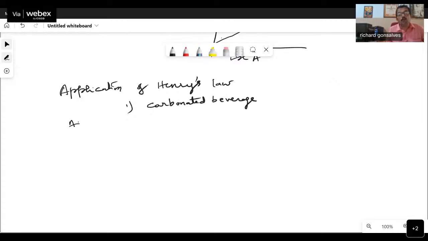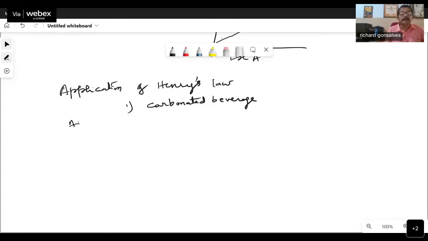As you put more pressure of carbon dioxide, more carbon dioxide will dissolve. If you put carbon dioxide at low pressure, less carbon dioxide will dissolve. This is what we see. Therefore, when you open the bottle of the carbonated drink or a soda water, what happens? Bubbles are seen going out because pressure decreases as the solubility also decreases, carbon dioxide escapes out.